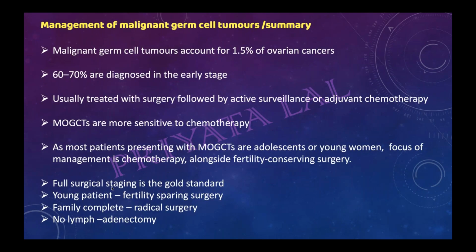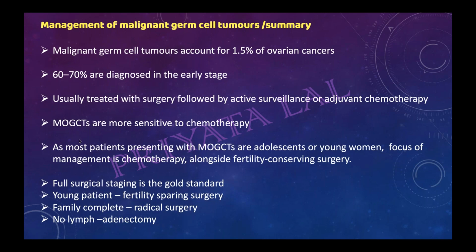Apart from this, again a summary from the talk. Malignant germ cell tumors are 1.5% of ovarian cancer cases. This number is from the talk, so you may get this as a question. 60 to 70% are diagnosed at an early stage. This also you can get as a question. Usually treated by surgery and active surveillance or adjuvant chemo.